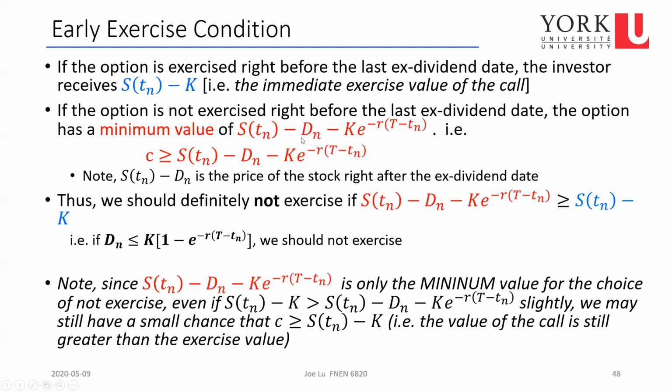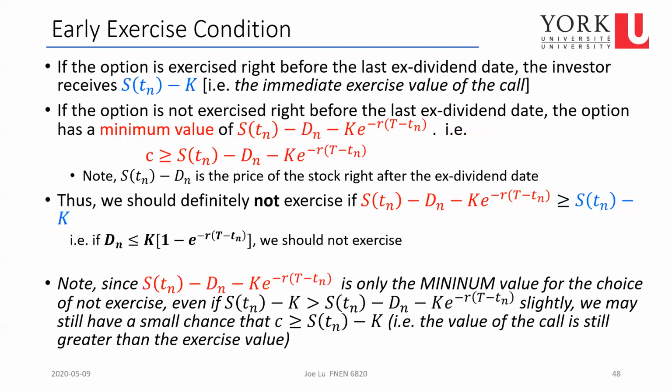Because if you look at the Black-Scholes formula, you can see that very easily, because what you really have is S times N(d1) minus the present value of K times N(d2). Then d2 is always smaller than d1 if sigma and T are greater than 0.